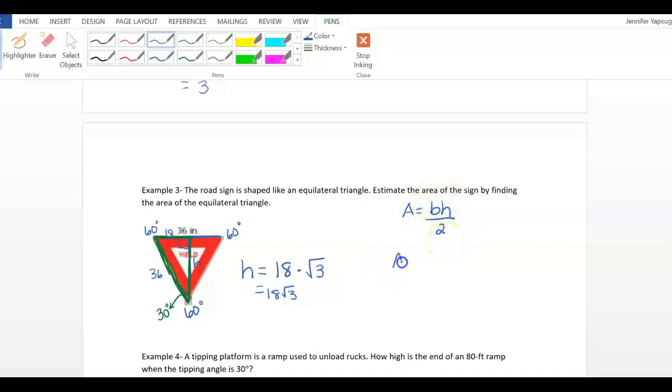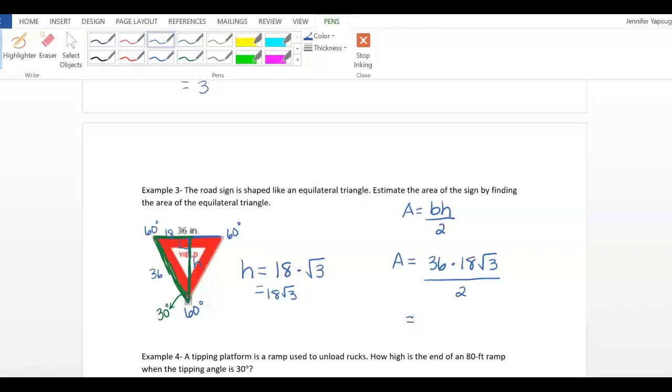So now I can plug this all back in and get the area. So I'm going to start with area equals the base. So remember, our base of our triangle was 36 inches times the height of my triangle, which is 18 times root 3. And I'm going to divide that all by 2. So you can just use your calculator to get a decimal approximation.